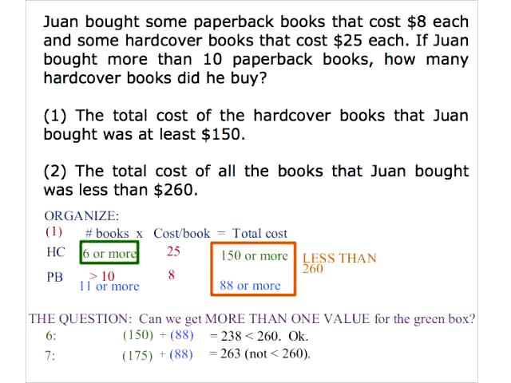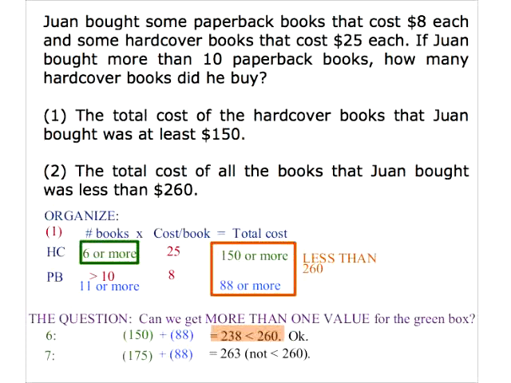Alternatively, if you don't want to do that arithmetic, you could just look at this and say, I only have $22 left in my pocket. In fact, I only have $21 left because it has to be strictly less than 260. So instead of actually trying 7, you can just say, I don't have enough money for another hardcover.